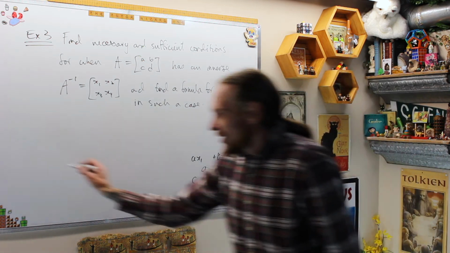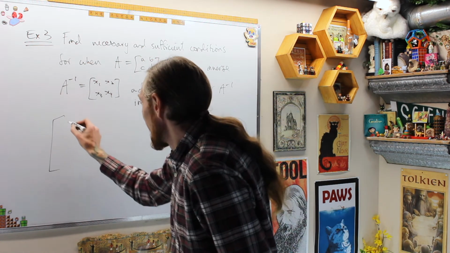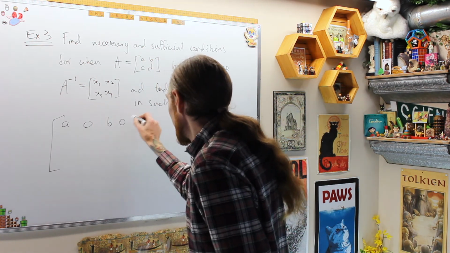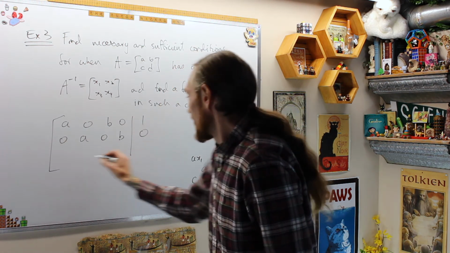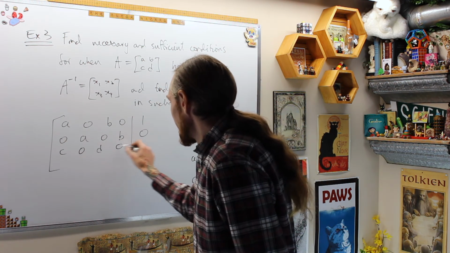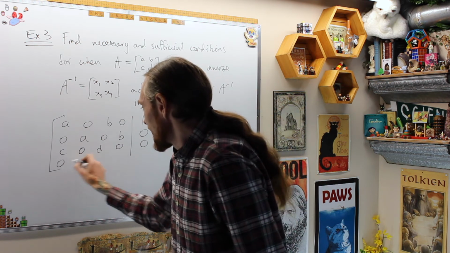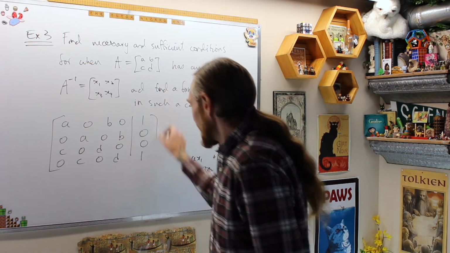Long story short, we get an augmented matrix. A, 0, B, 0, 1, 0, A, 0, B, 0, C, 0, D, 0, 0, and 0C, 0D, 1.